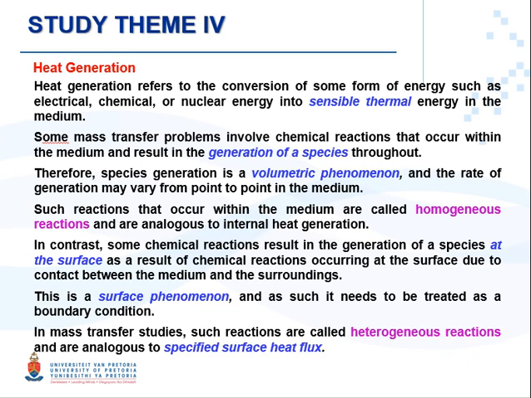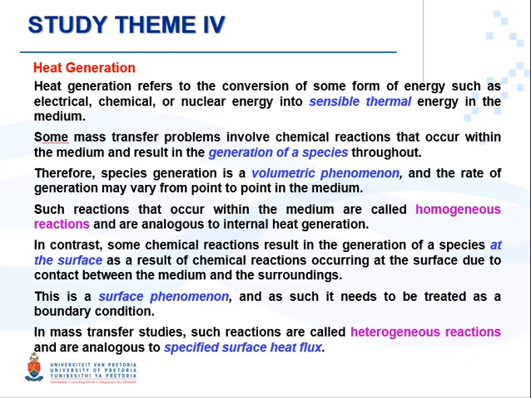Some mass transfer problems involve chemical reactions that occur within the medium and result in the generation of species throughout the box or environment that we are talking about. Therefore, species generation is a volumetric phenomenon, and the rate of generation may vary from point to point in the medium, so it relates to the location as well.